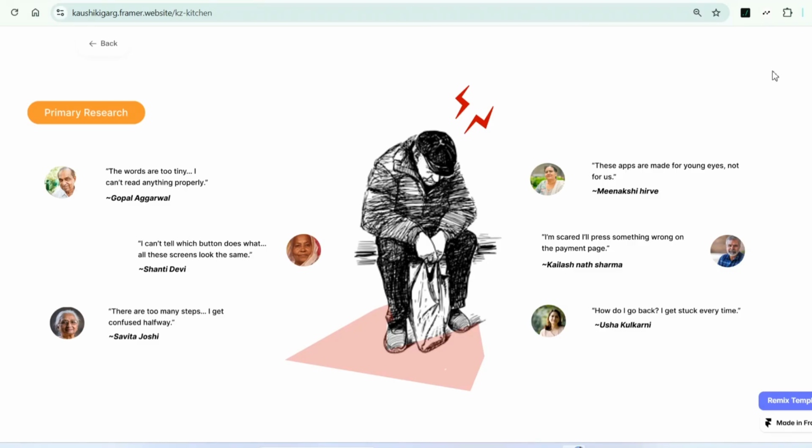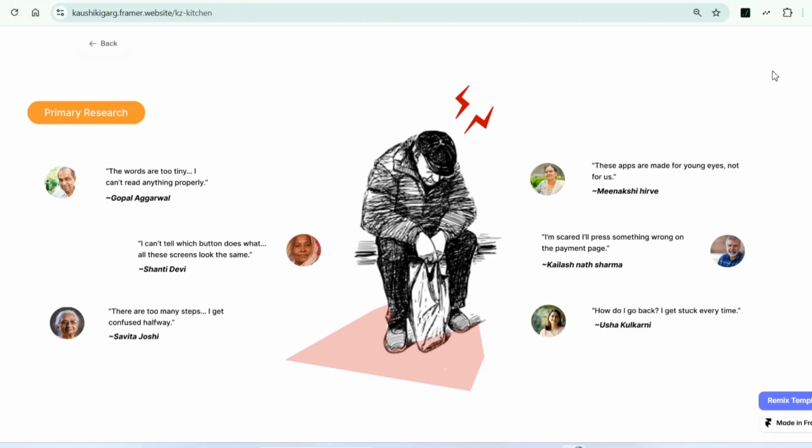I asked a few of them and collected a contextual inquiry, from which I got to know that whenever they used an application to order food, they were saying that the text is so little that I'm not able to see, the contrast is too low, and I'm not able to identify where to look and what to order.